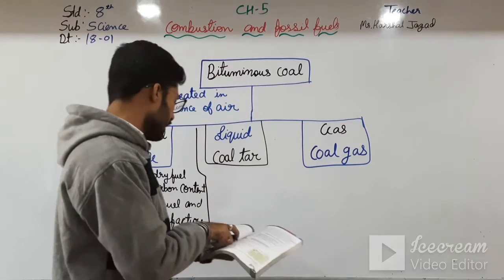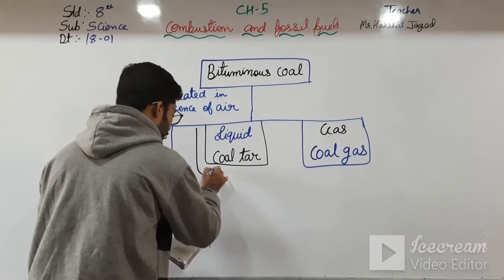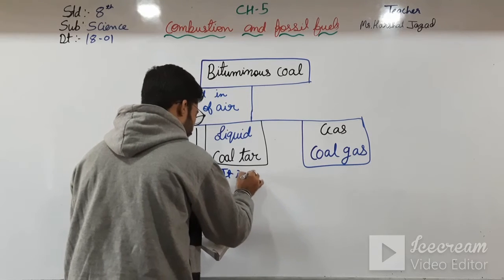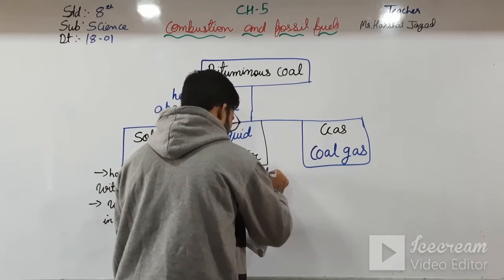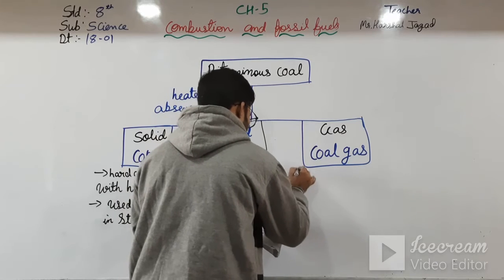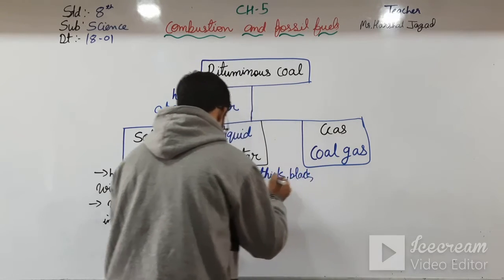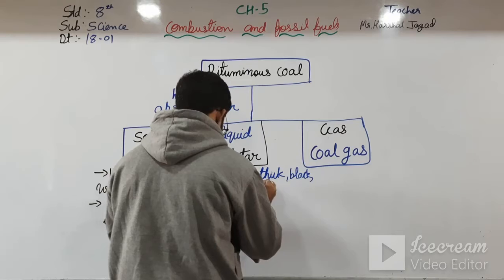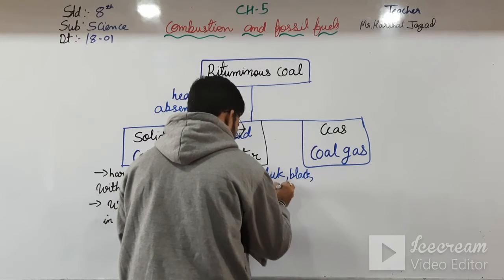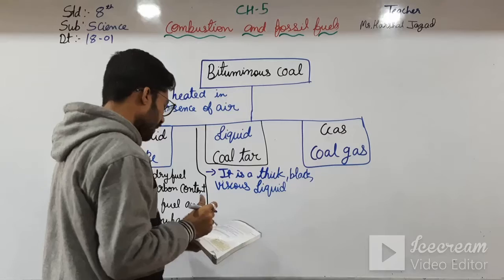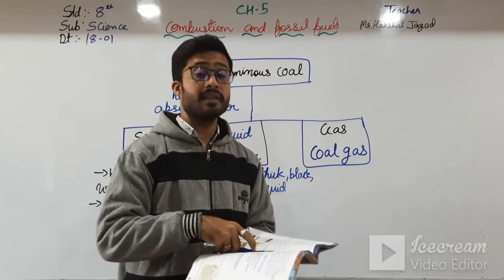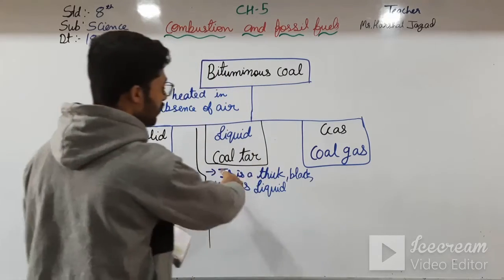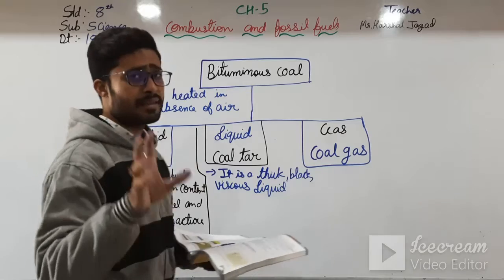So coal tar is a thick, black, viscous liquid with unpleasant odor. Odor means smell; we can't smell this because it is a very dirty smell, so it is an unpleasant odor.